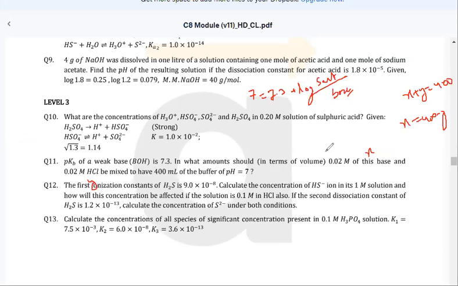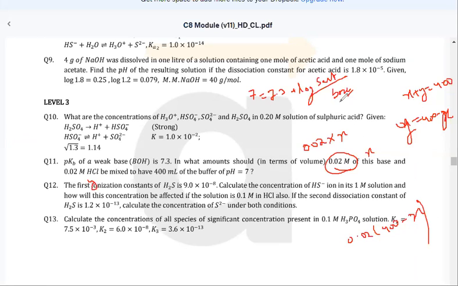Now see this, the concentration of this is given. So the number of moles of base is 0.02 into X. Number of moles of acid is 0.02 into 400 minus X, since Y is equal to 400 minus X. Now, just put it.